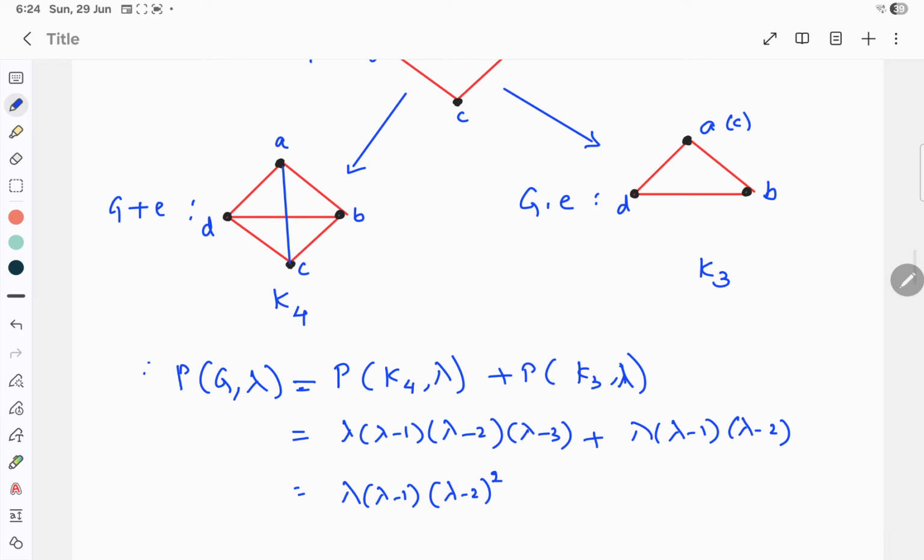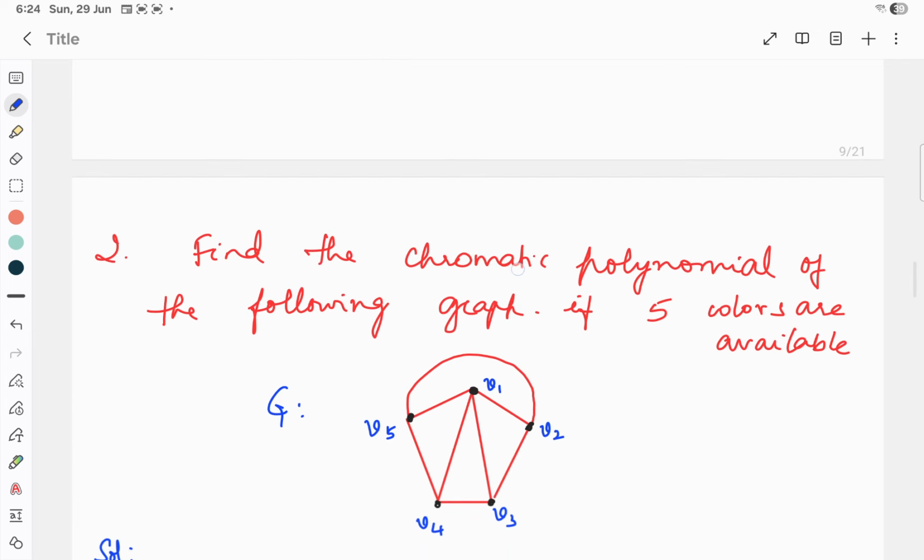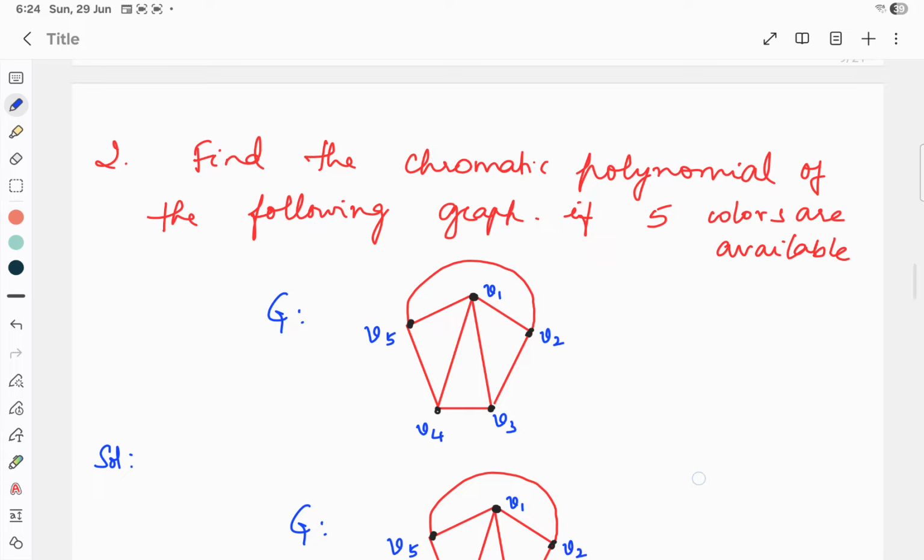When you simplify, lambda into lambda minus 1 into lambda minus 2 is a common factor. So you are left with lambda minus 3 plus 1, so it is lambda minus 2. It becomes lambda minus 2 squared. So it is very simple to find the number of ways a graph can be colored with lambda colors using the above theorem.